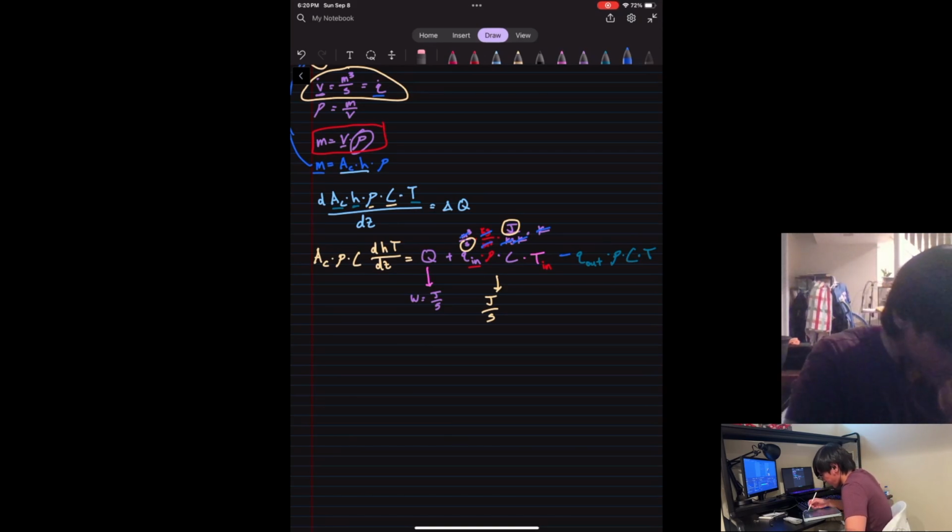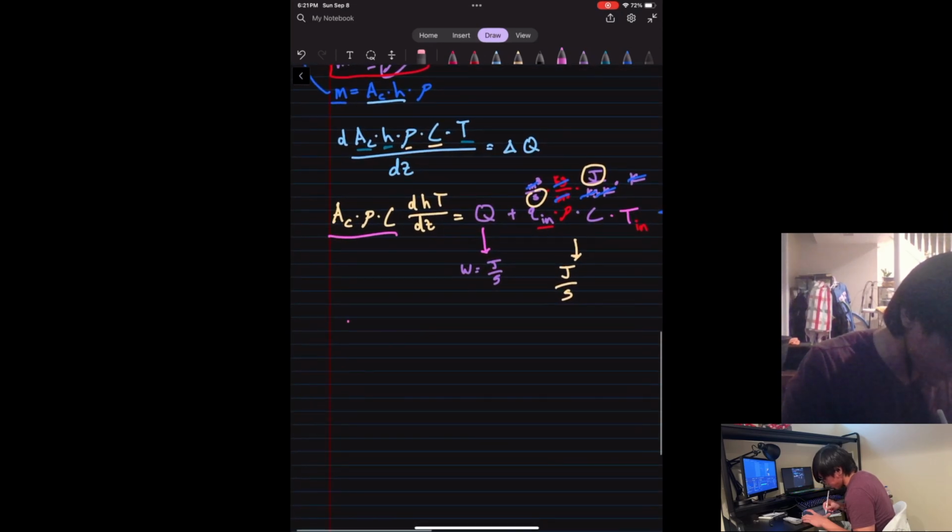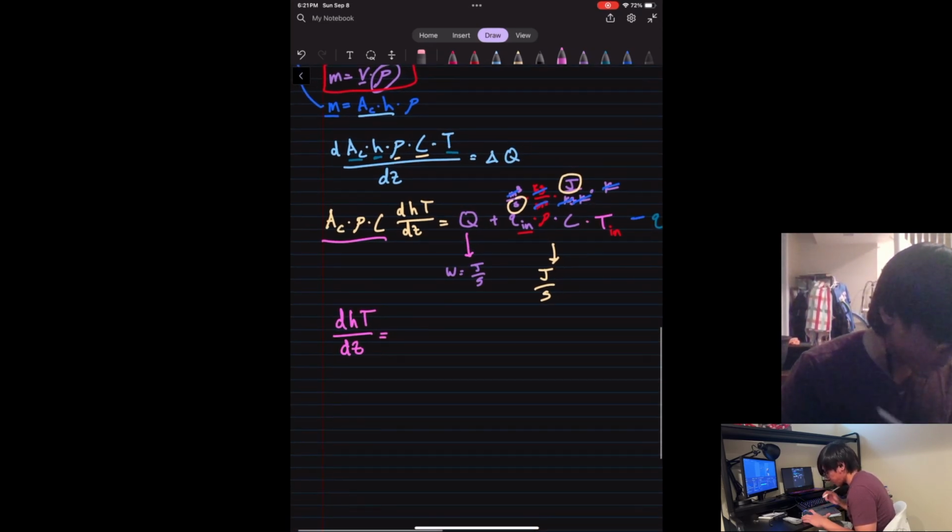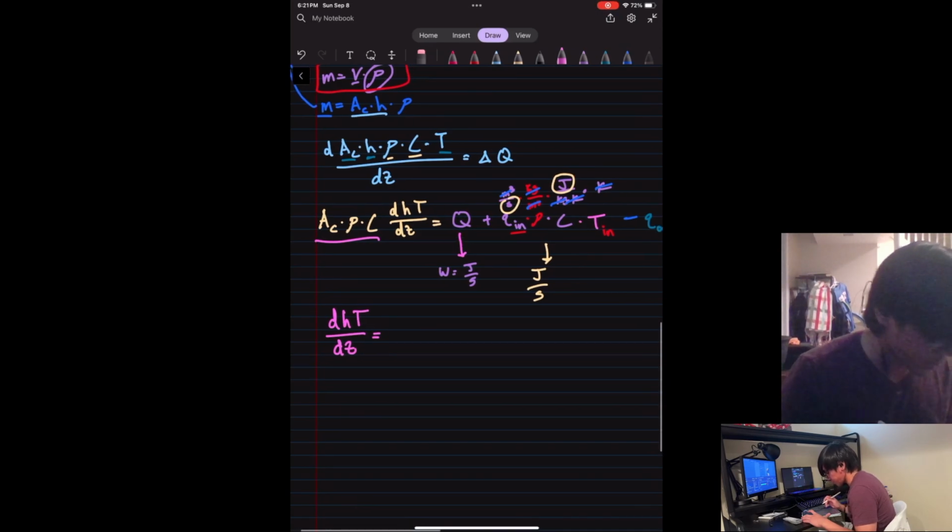So, isolating, I guess we can just divide across and isolate here. So I'll just rewrite this, and we'll do some more work with that derivative later. So we have our derivative, and then we're dividing by all three components: the cross-sectional area, the density of water, and the specific heat capacity of water.